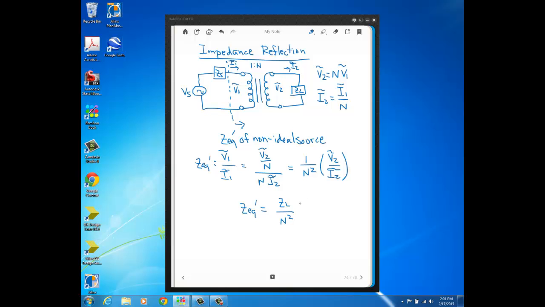And you'll see that this has a very profound impact on matching problems, because this will allow us to match two impedances that we otherwise couldn't match without the transformer.